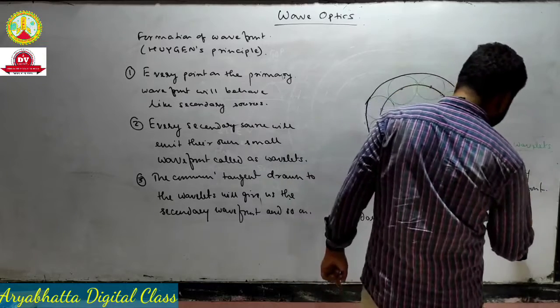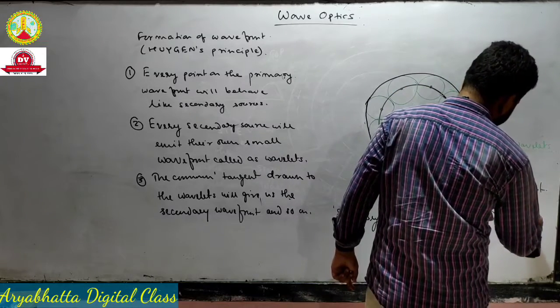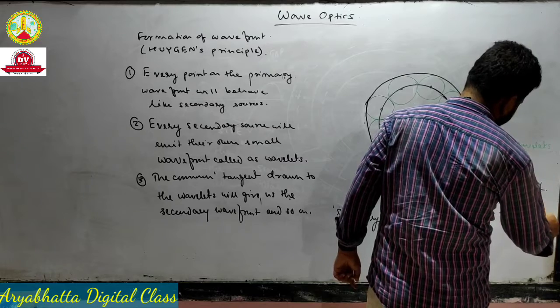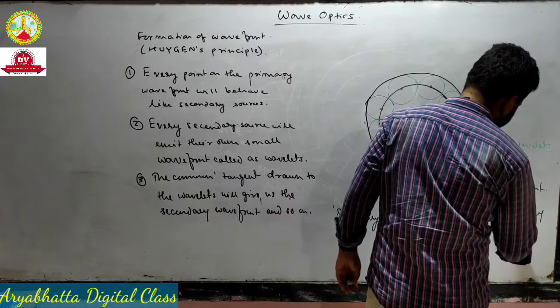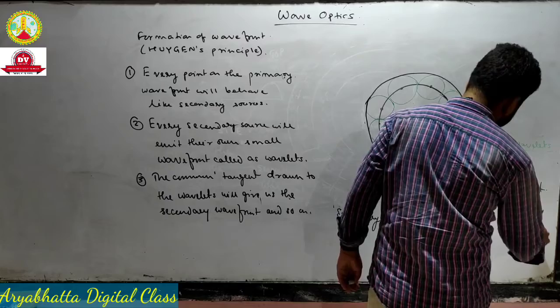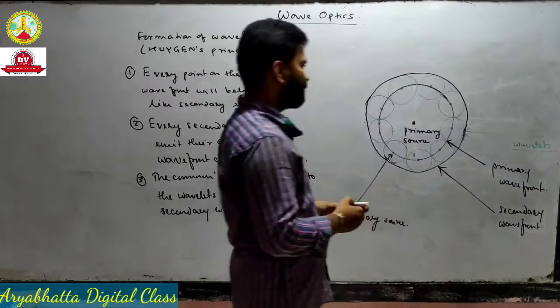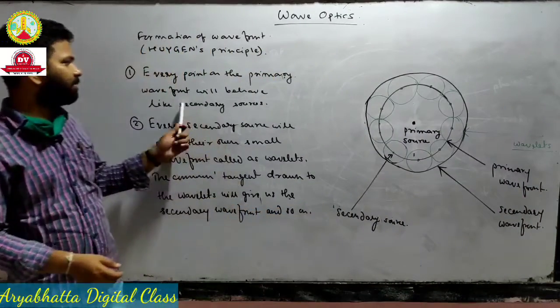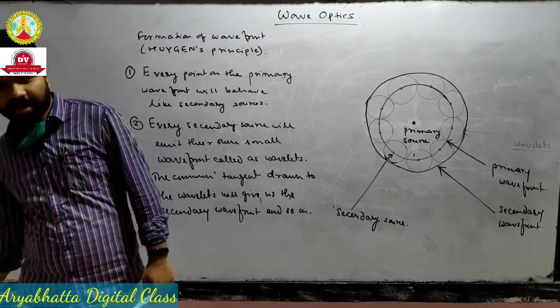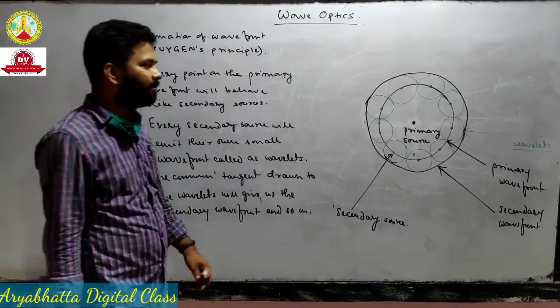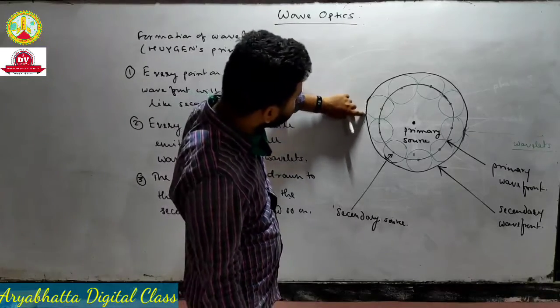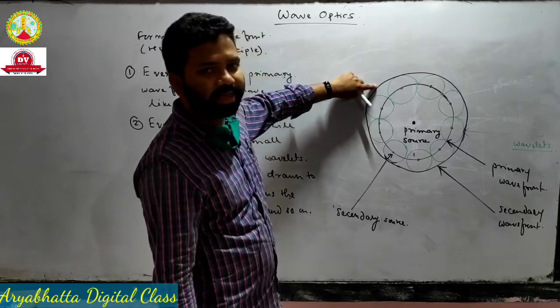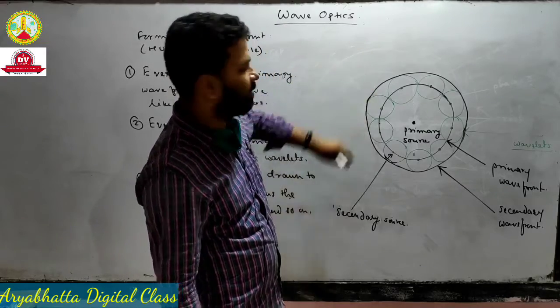This is the secondary wavefront. Now what will happen? Now Huygens' first principle will again repeat. मैंने क्या बोला? And so on. Now every point on this wavefront will behave like secondary sources and emit their own wavefront.